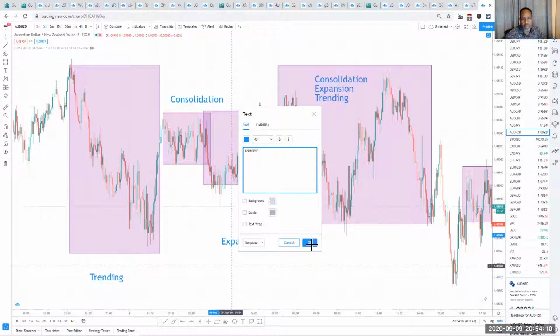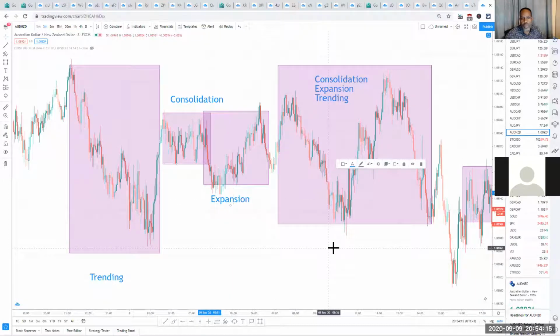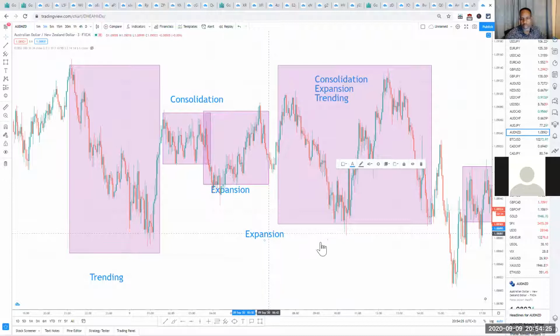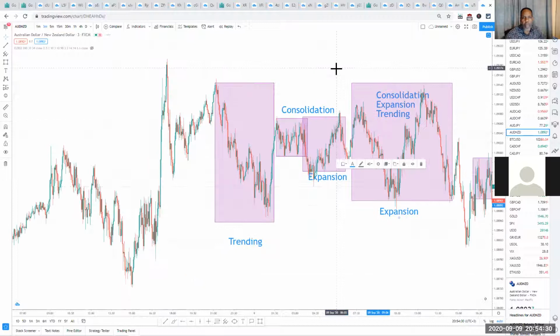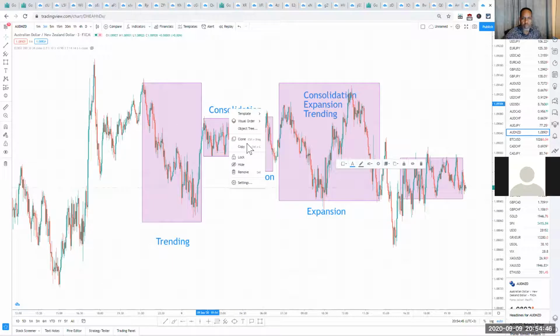Right, let me put it. This is expansion. We had also said that this is also an expansion, so I can clone. So this is also an expansion, and so on. And if I minimize this a little, this is also an expansion. Sorry, consolidation. Clone.